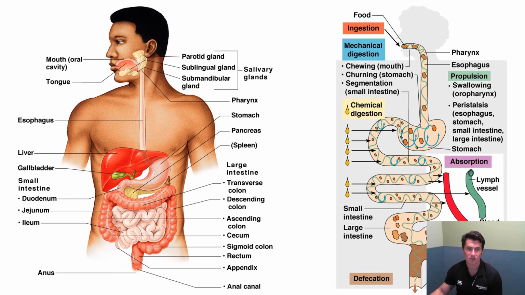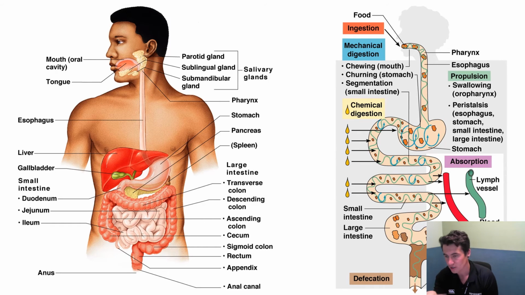Here is a slide that helps to summarize everything that is digestion. On the left are all the digestive organs, so our main digestive tract or GI tract, but then also the accessory organs. And on the right is a summary of food coming in, sites of mechanical digestion, sites of chemical digestion, what's happening in the stomach, some of the muscle contractions that are used to break down food even further, and the absorption.